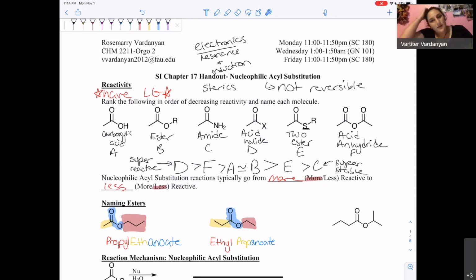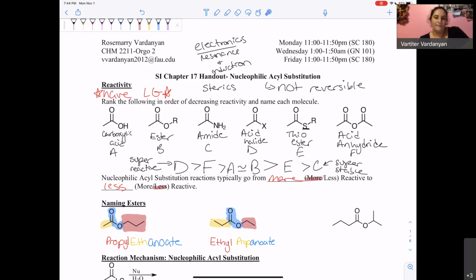Between oxygen, nitrogen, and sulfur, the highest electronegativity is oxygen. Acid anhydrides are more reactive than carboxylic acids and esters because they have a better leaving group, one that's more stable. Between sulfur and nitrogen, sulfur has the higher electronegativity, so it's more reactive. And then the amide ends up being super stable in comparison to everything else, so it doesn't want to react.